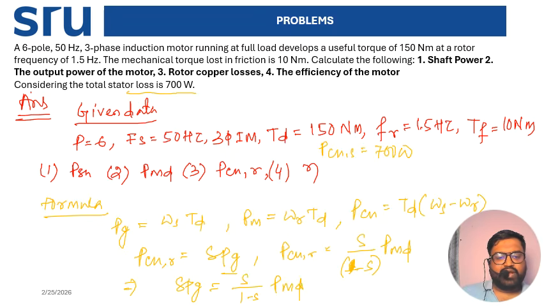If S cancels on each side, then the relation comes: Pg is equal to 1 by 1 minus S into Pmd. This is one of the formulas we derived.